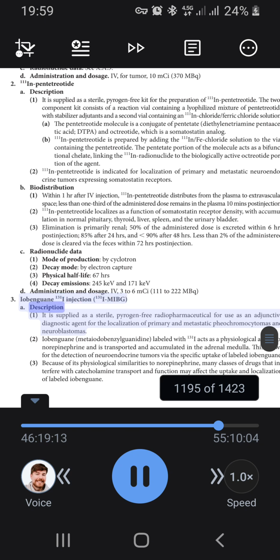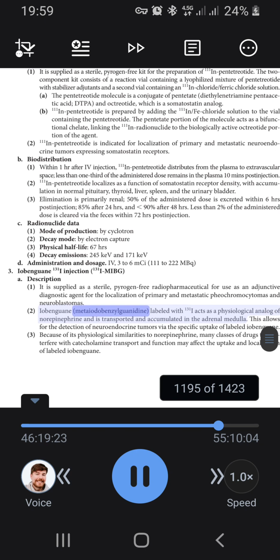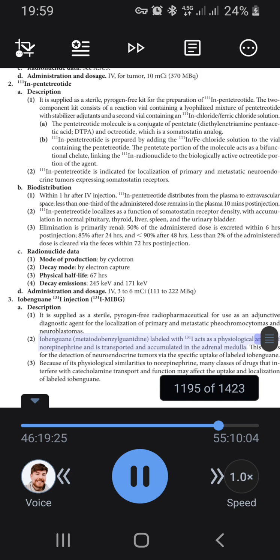3. Iobenguane I-131 injection, MIBG. Description. It is supplied as a sterile, pyrogen-free radiopharmaceutical for use as an adjunctive diagnostic agent for the localization of primary and metastatic pheochromocytomas and neuroblastomas. Iobenguane, meta-iodobenzylguanidine, labeled with I-131, acts as a physiological analog of norepinephrine and is transported and accumulated in the adrenal medulla.